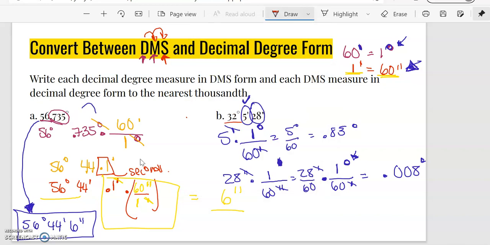So let's put this all together to get our answer. And the first part of our answer is 32 degrees. So 32 degrees, right? And then we have some decimals here. So we have 0.83 and 0.008. What I'm going to do is I'm going to add these two together so that I just have one decimal.